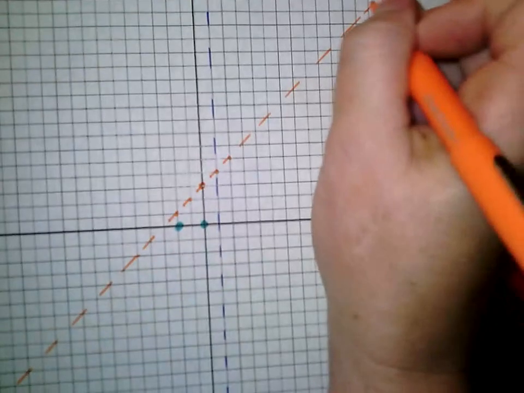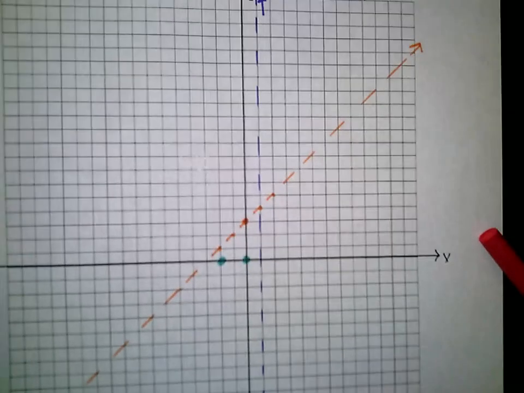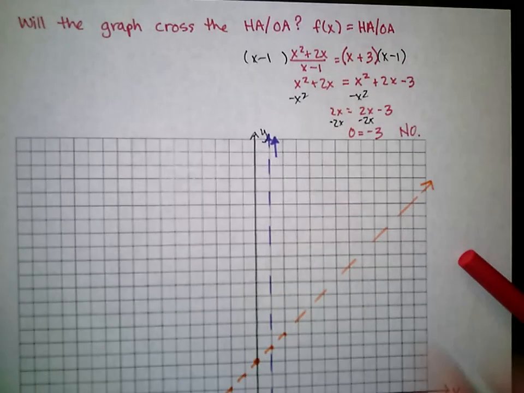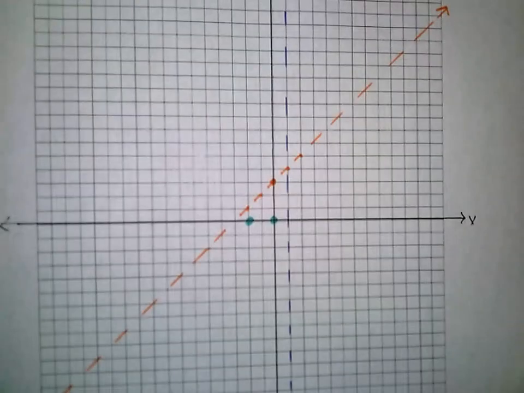Okay, so there's my oblique asymptote. And also keep in mind that your graph does not cross this oblique asymptote. So as we put our ordered pairs in there, we've got to pay attention to knowing that it's not going to cross.